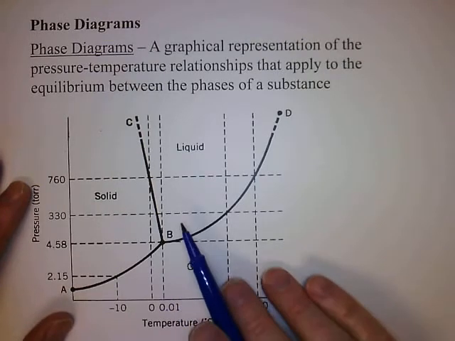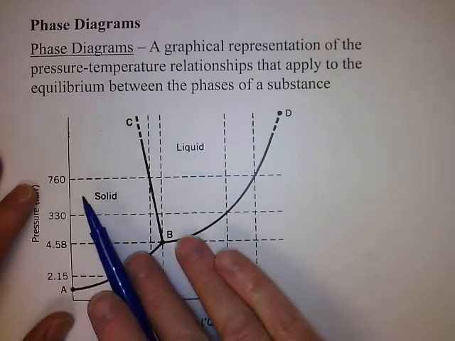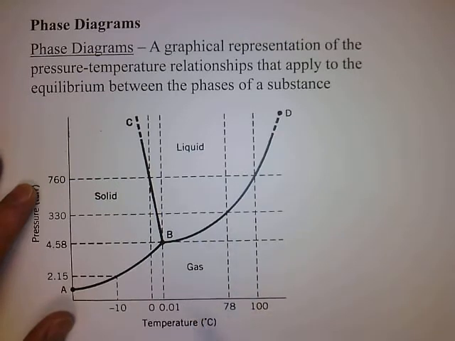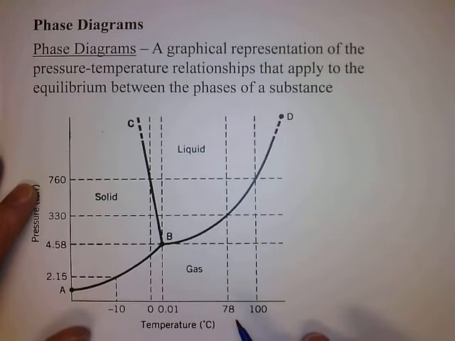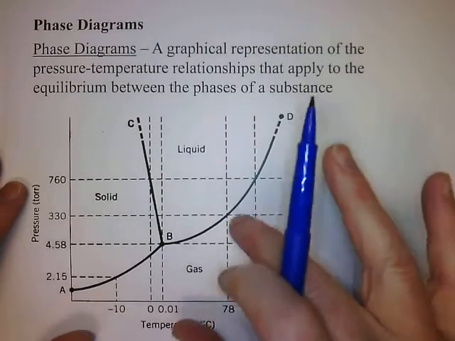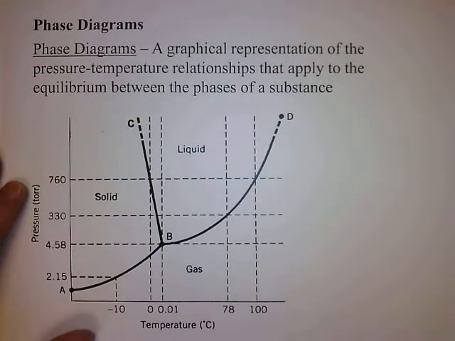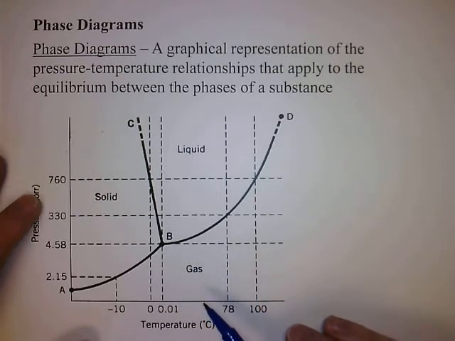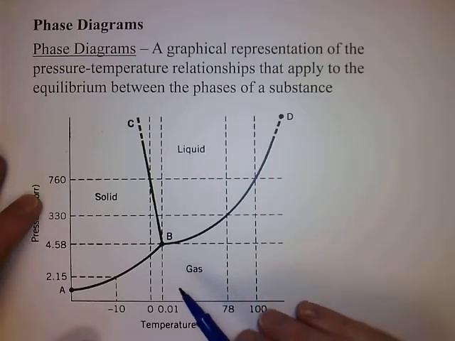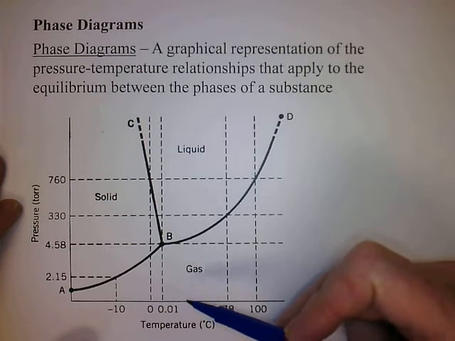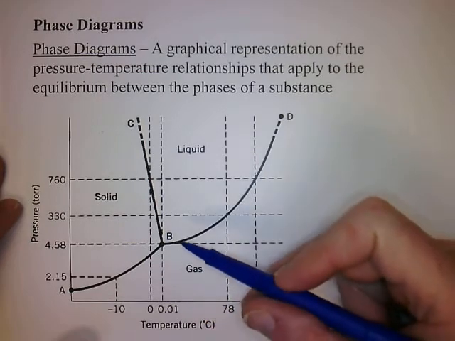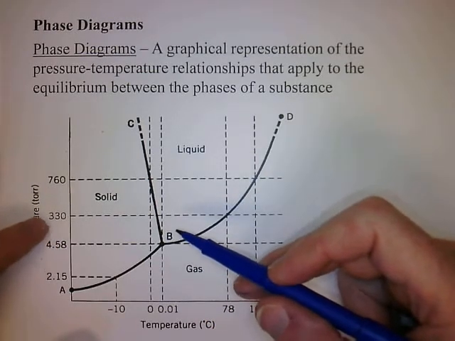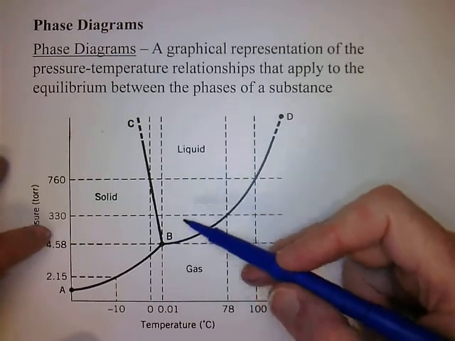All right, and so we pick any combination of temperature and pressure, and that will tell you whether your substance is a liquid or a gas. Now, this is a phase diagram for water. So for example, let's say a temperature of 25 Celsius, which would be right around here, that's room temperature. We see that at most pressures, water is going to be a liquid.